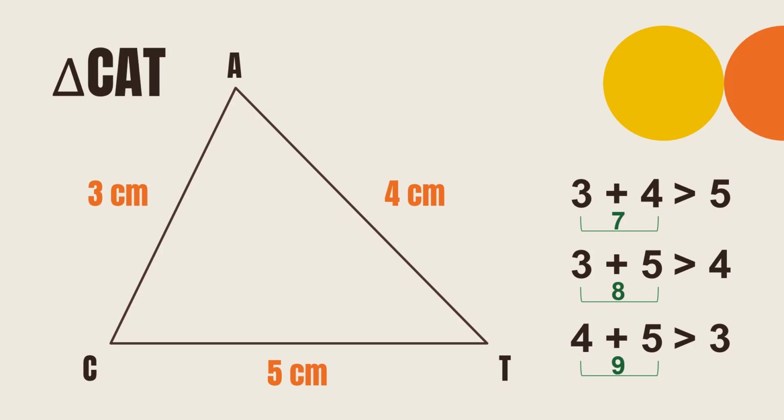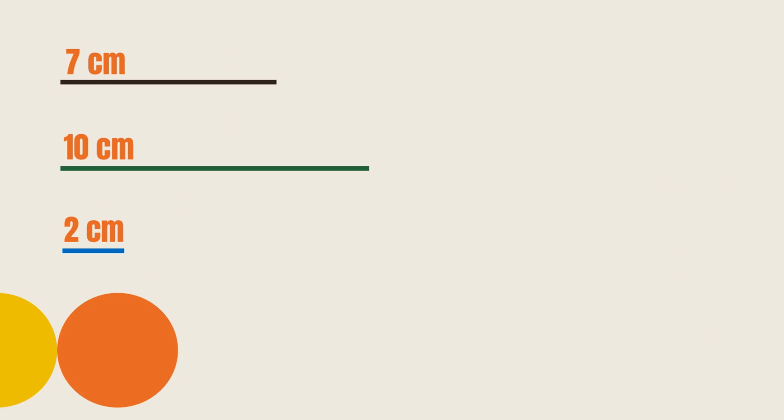So, what is the implication of this theorem? For example, we have 3 sticks with the following measurements: 7 centimeters, 10 centimeters, and 2 centimeters. And we are asked to form a triangle using these 3 sticks. We know that in order to form a triangle, we only need 3 sides.